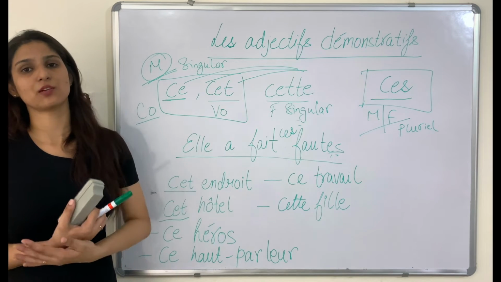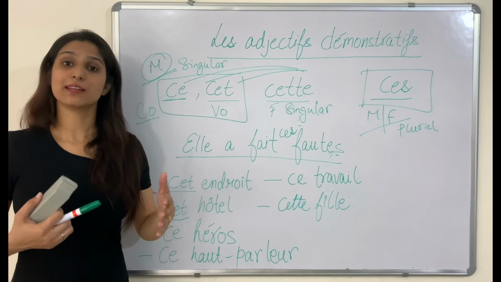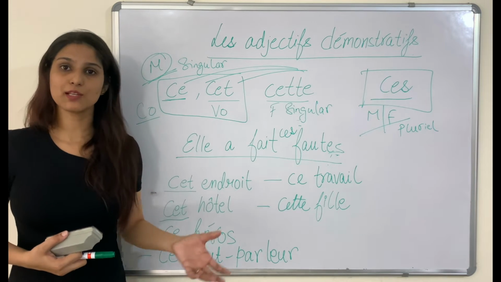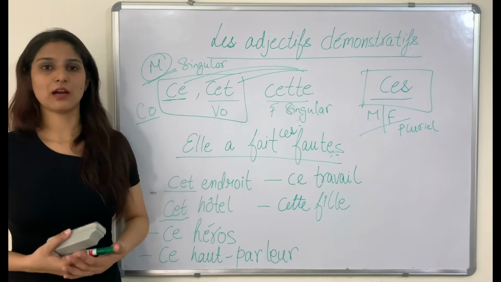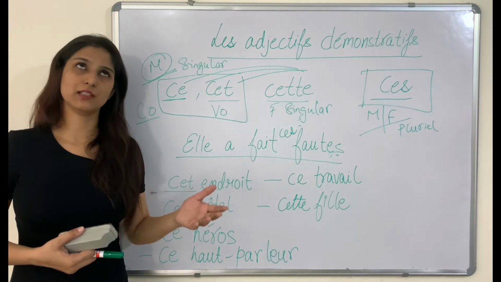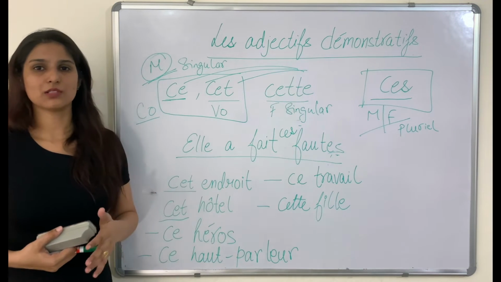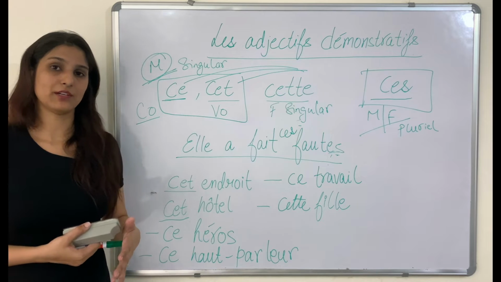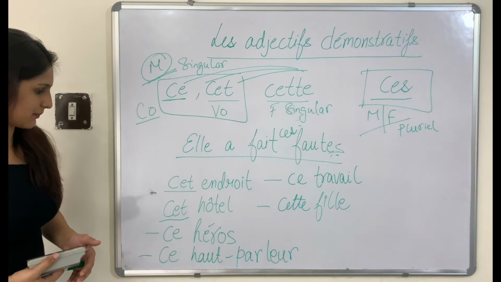So these mistakes are going to happen, but we can revise the terminaisons of some particular words, masculine and feminine. I will be giving you the link for that. I've done that in the video where I have done the articles. I've given you some terminaisons for finding out whether the word is masculine or feminine. Okay, now let's move forward.